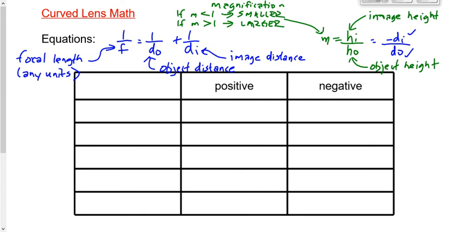You're probably going to use centimeters more than anything else, just because that's what distances are commonly given in. Whatever's convenient for you. There are no units associated with magnification because the units cancel. Centimeters over centimeters, cancel. Meters over meters, cancel.